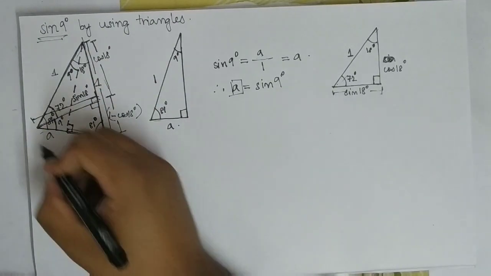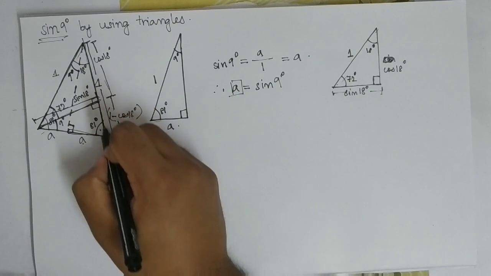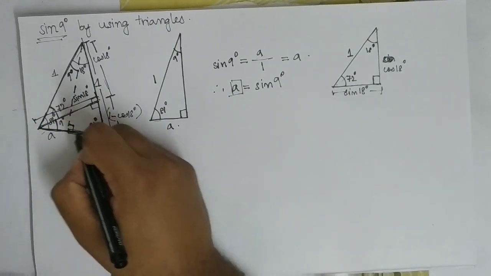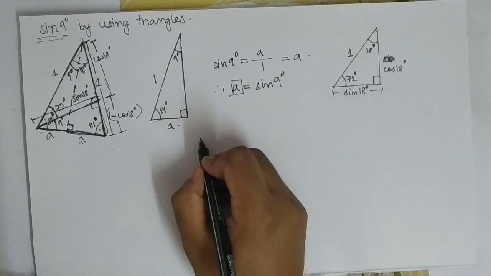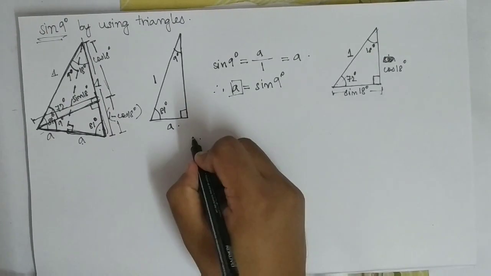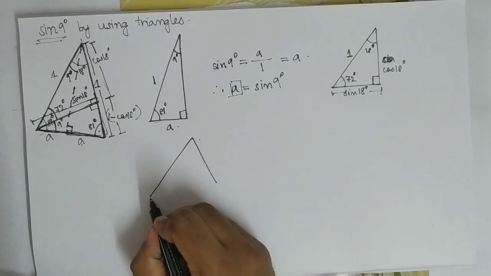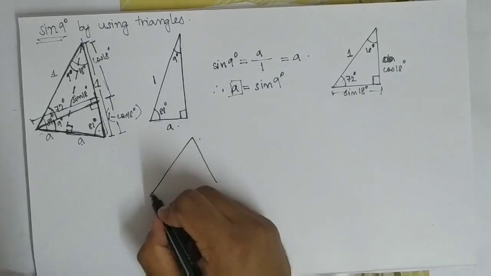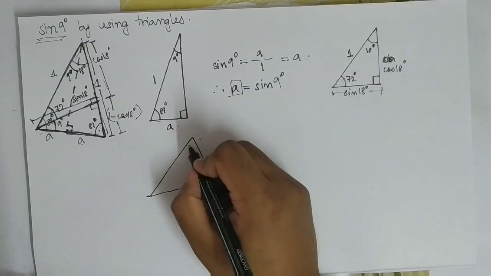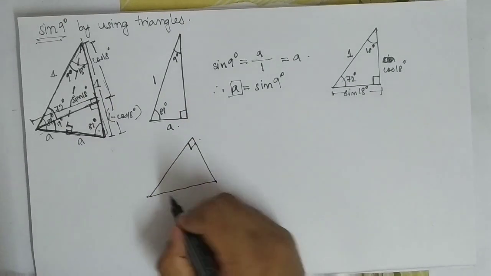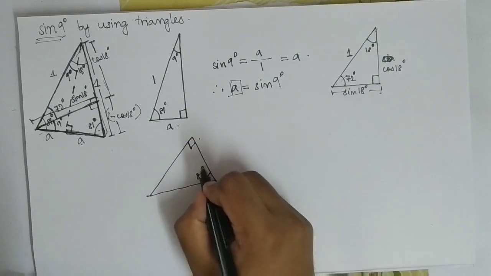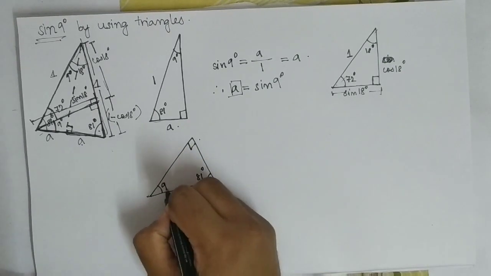Very good. Now let me draw this triangle separately. So now if I draw this triangle separately, don't go into the drawing, believe in math. So this is 90 degree, this is 81 degree, and this is 9 degree.